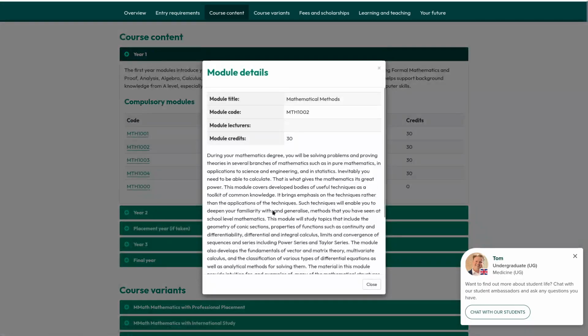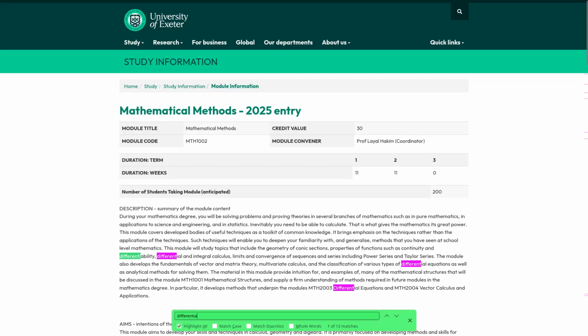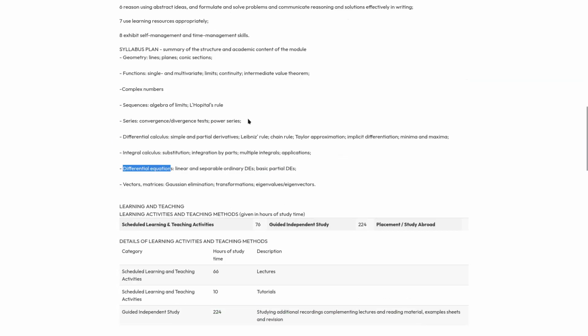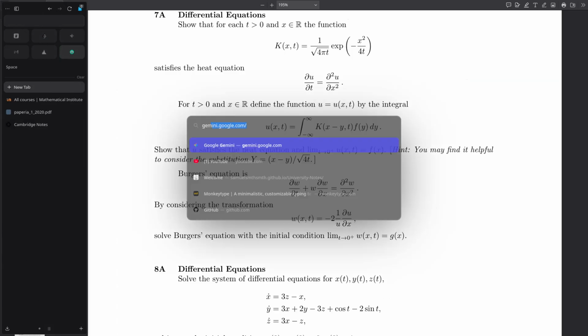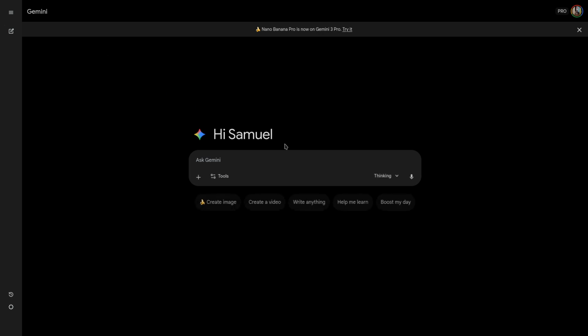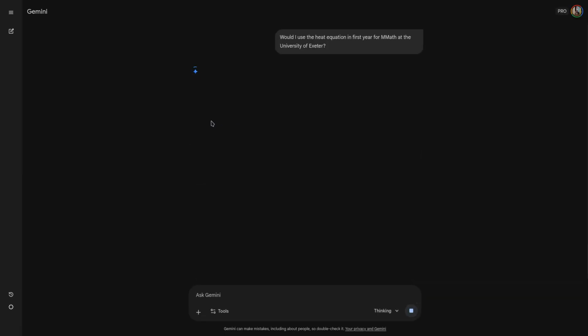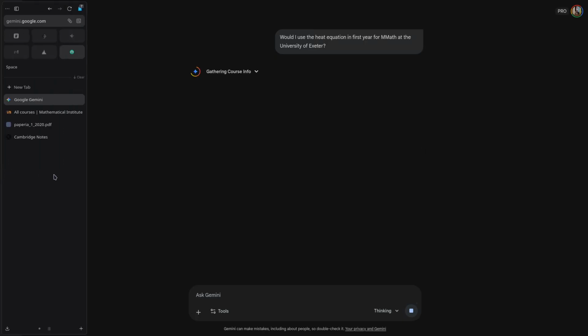That'd be methods probably. Okay, they say differential equation a lot. That took so long to type.